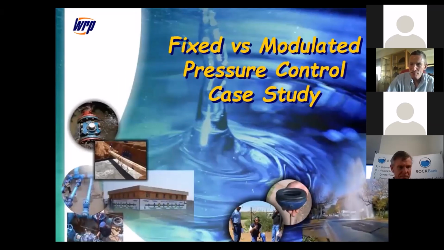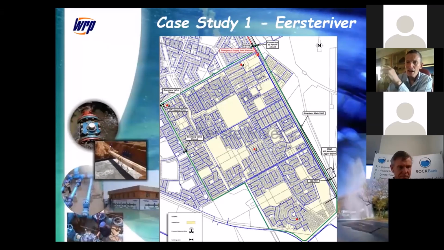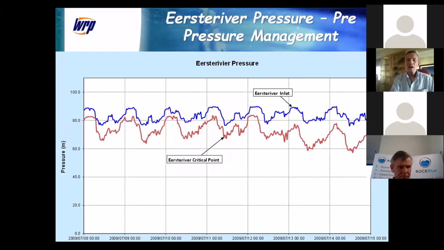I've got my 5 minutes left, so I'm going to give you a little case study on fixed fee modulated pressure control. I've been talking about controllers and how it's great to use controllers and when you should use them. We had a study down in South Africa, and in this study, we had an inlet pressure, which is the blue line, and the critical point pressure, which is the red line.